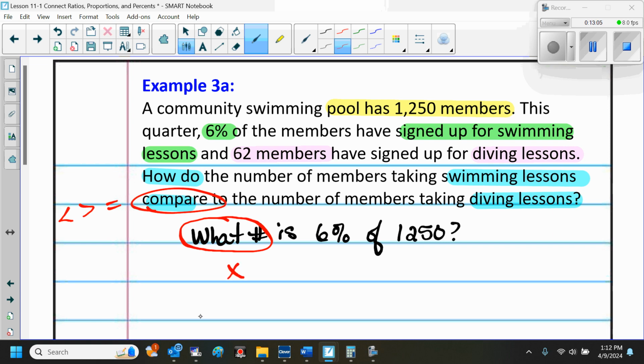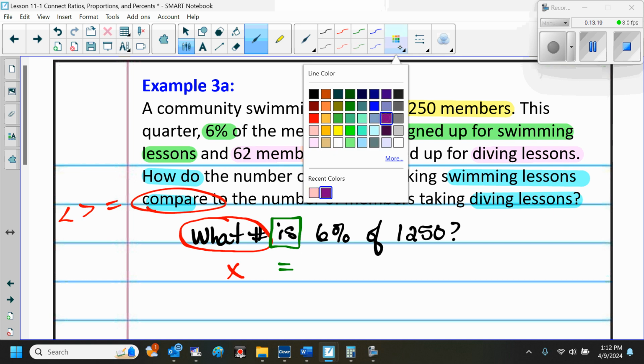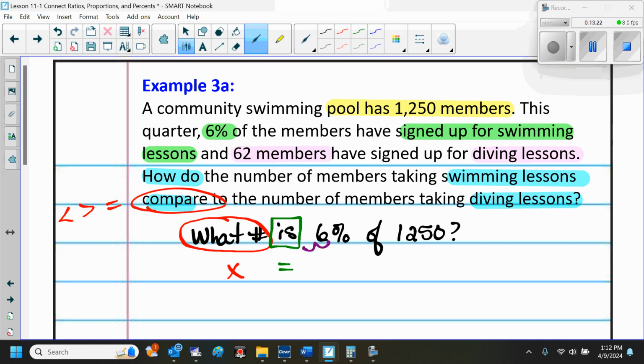Very good, that's our variable. Here's is. What does is in math mean? Equals. What do I do to this percent before I put it into my equation? Change it to a decimal. Very good. So this becomes 0.06. Everybody good so far?